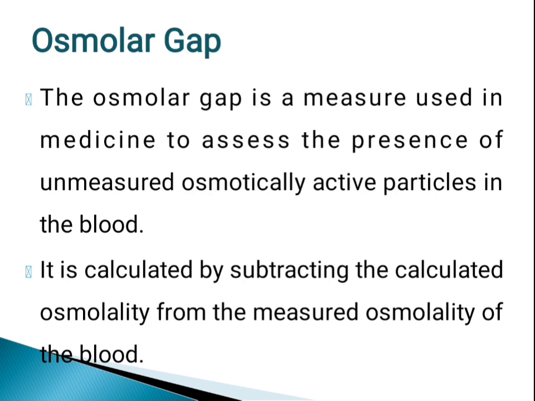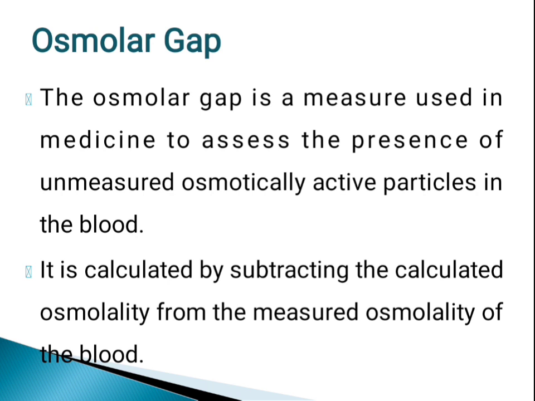It can be calculated this way: osmolality of plasma equals 2 times sodium plus 2 times potassium plus blood glucose level plus blood urea level, and all of this is calculated in millimole per liter. So this is the calculated value of plasma osmolality for a healthy individual.